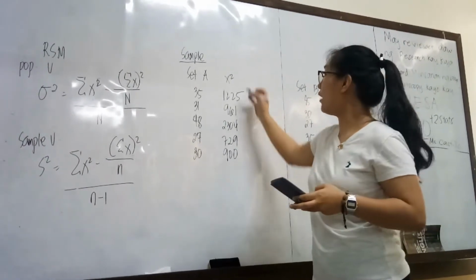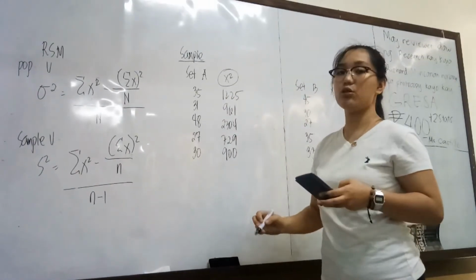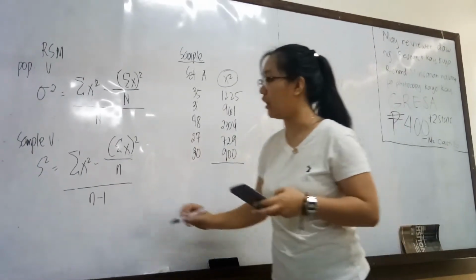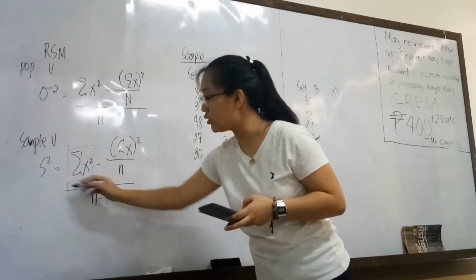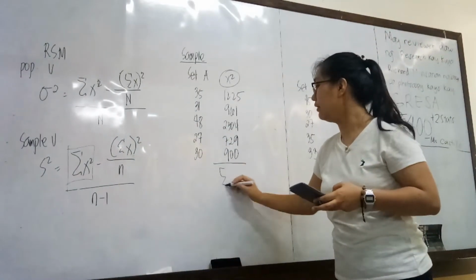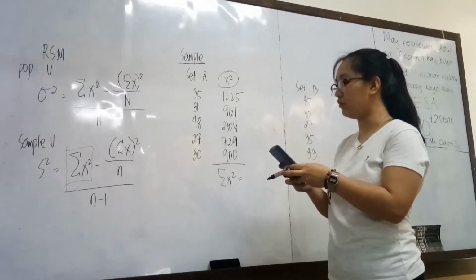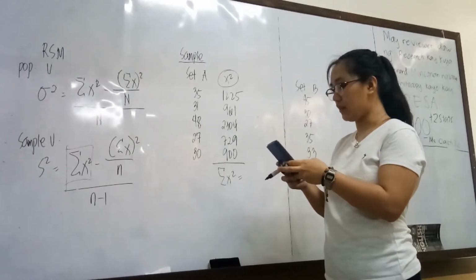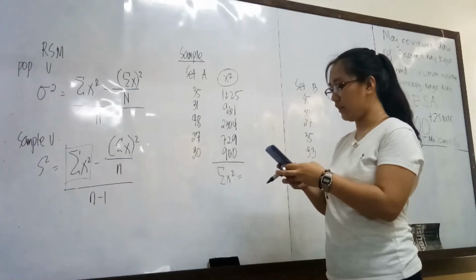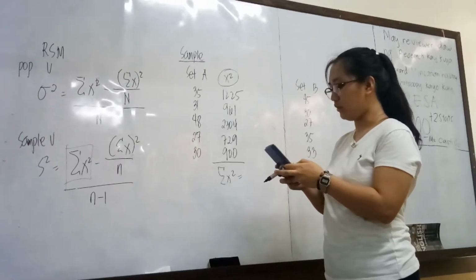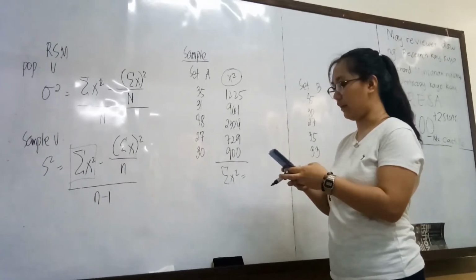Okay. So after getting your x raised to 2, all we have to do is take the what? Summation. Add this one, summation of x squared: 1225, plus 961, plus 2304, plus 729, plus 900. Okay?